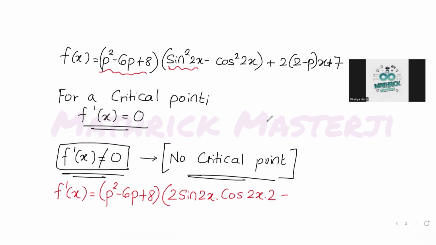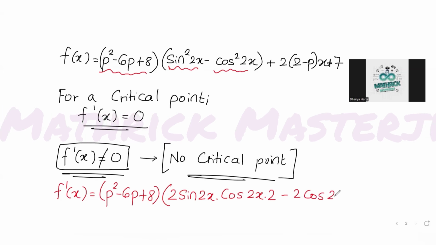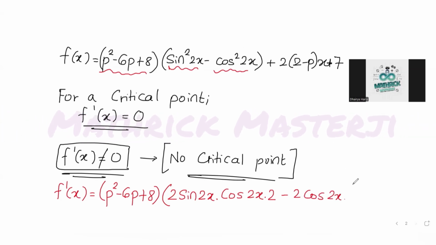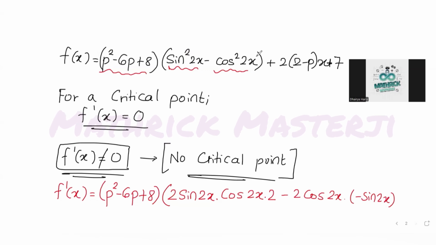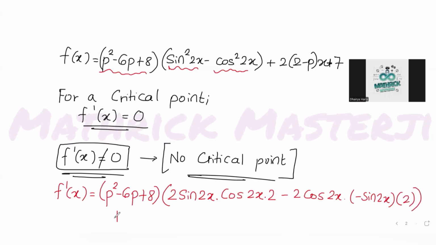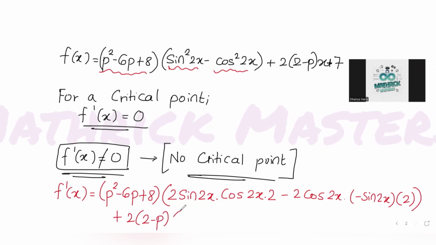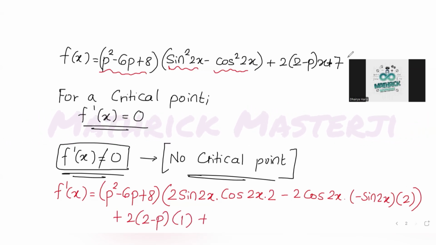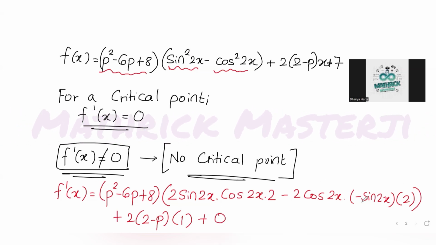Minus the derivative of cos squared 2x, which is 2 cos 2x times the derivative of cos, which is minus sine, so minus sine 2x into the derivative of 2x, which is again 2. Plus 2 times (2 minus p), the derivative of x, which is 1, and plus the derivative of 7, which is 0. So I have this entire thing with me.